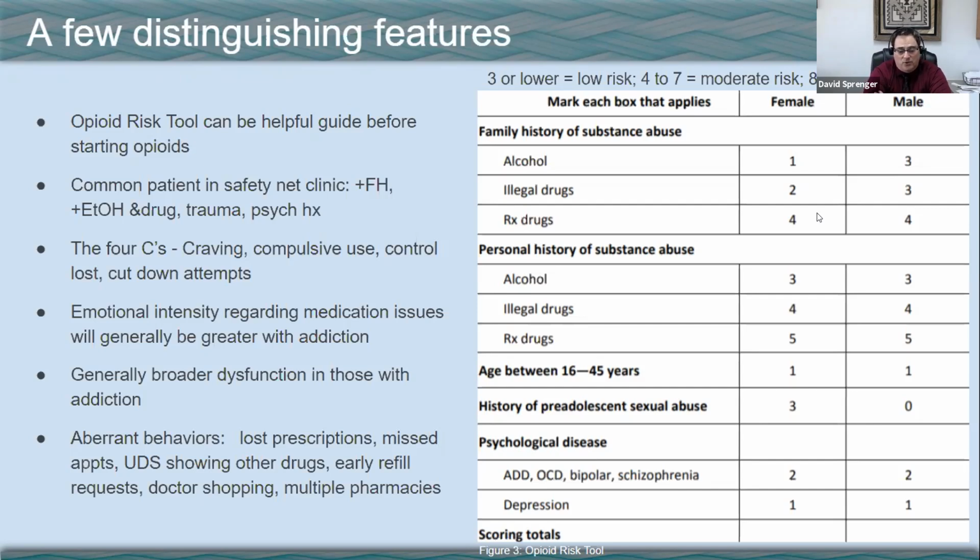People try to medicate themselves, and they do what has worked for them a lot of times. It's not just about the euphoria. Sometimes it's about the relief of that psychic pain. One of the things you can use are the 4 C's to tease out addiction from your pain patients.